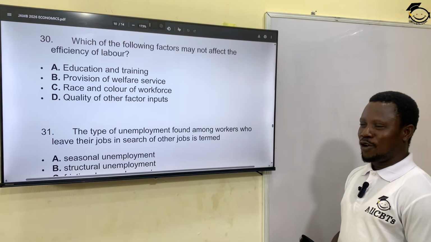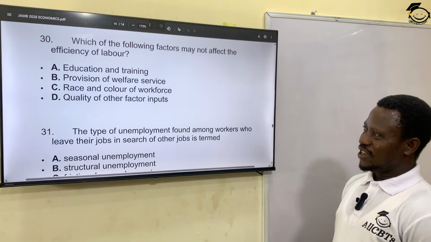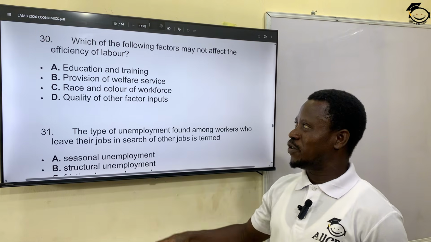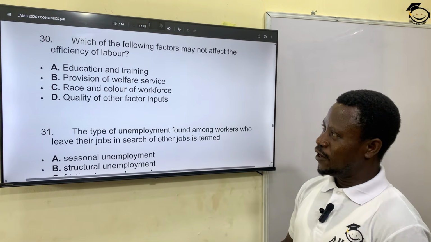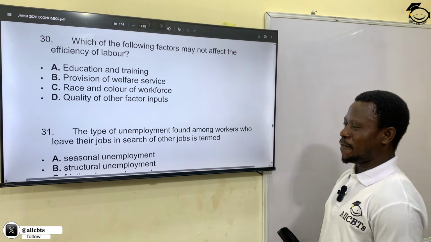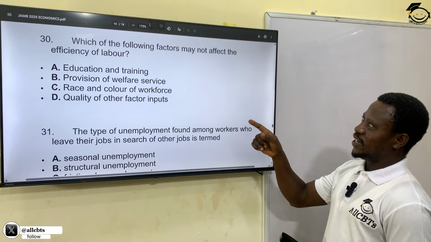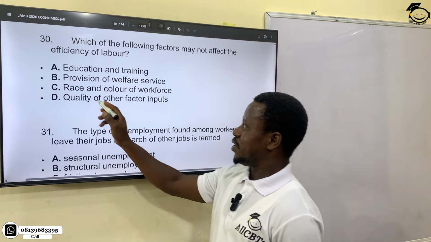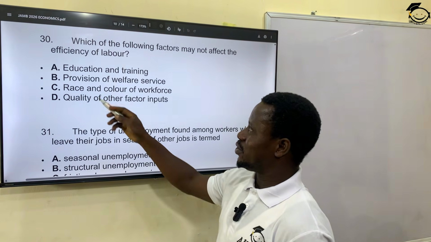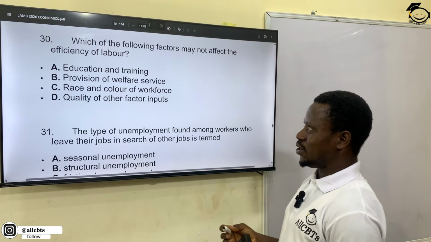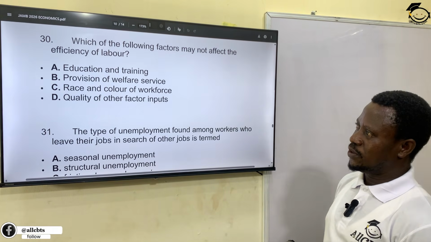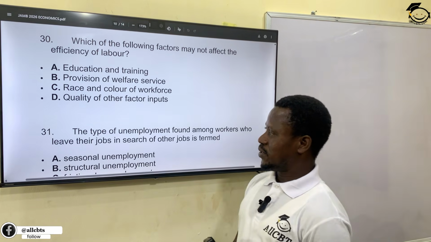Race and color of workforce, how? Quality of other factor inputs, the quality of it will also enhance labor productivity, okay? So the one that is not going to affect the efficiency of labor is C, race and color of workforce. This has nothing to do with how efficient a labor is. The correct answer to this question is option C.